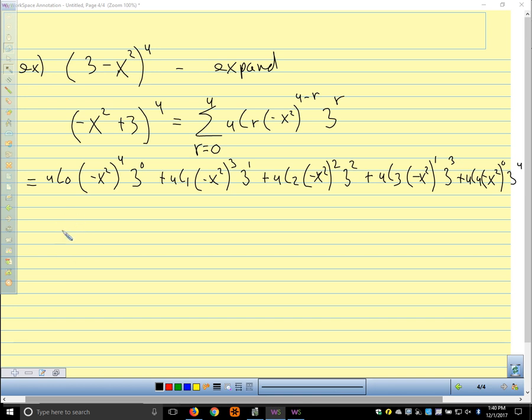All right, so when I do this, I get x to the 8th minus 12x to the 6th, minus because this is an odd power, plus 54x to the 4th minus 108x squared, that's an odd power there, plus 81. And because this is an x squared, I get only even powers on x.